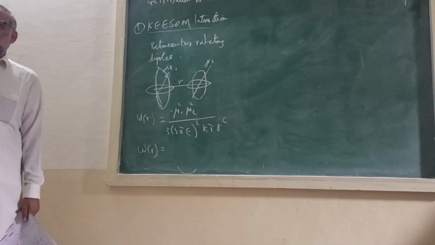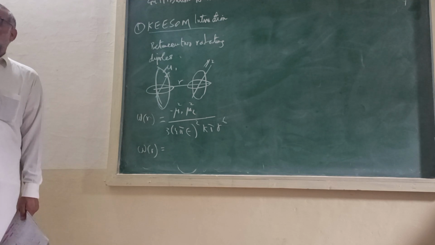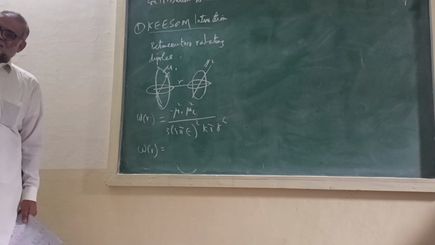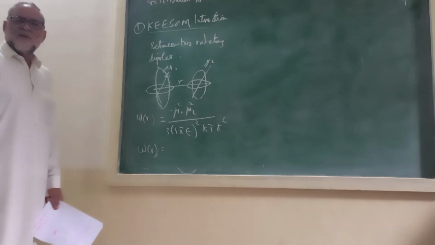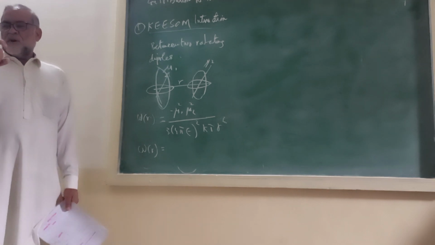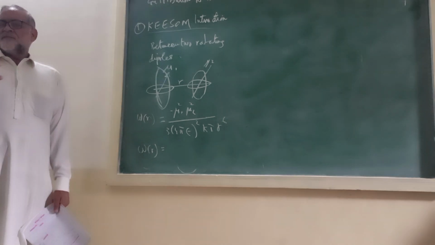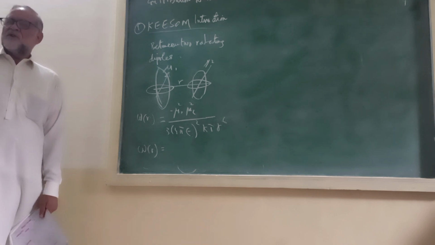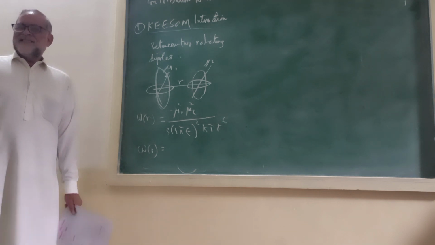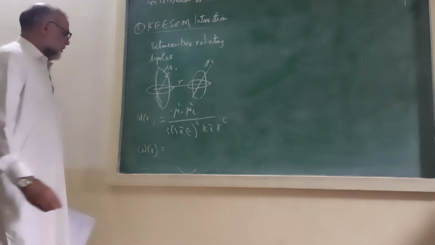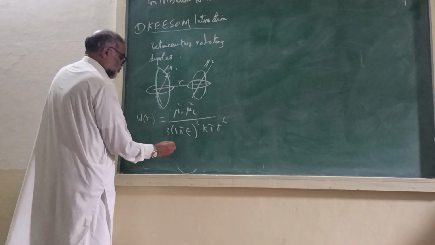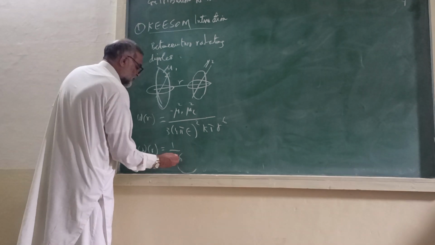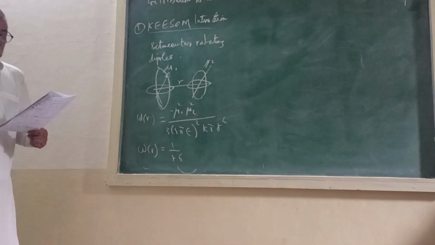So the rotating case gives the angle average values. So here it is 1 over r to the power 6.